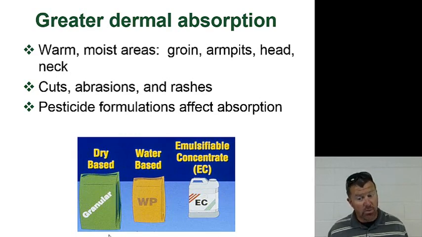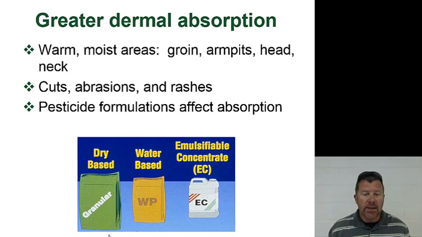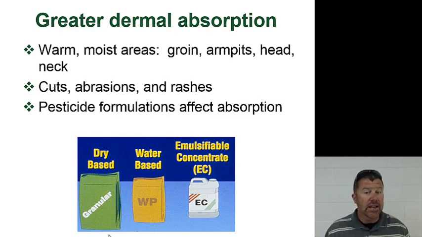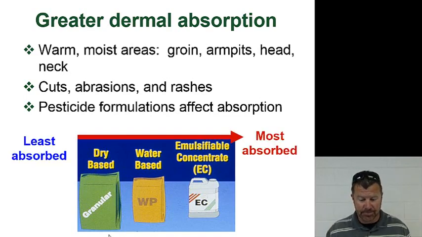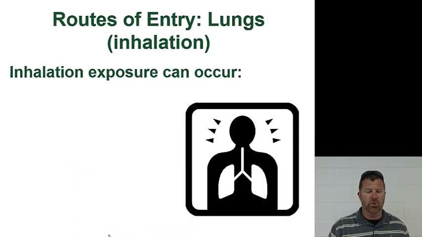Emulsifiable concentrate, whew, they're going to get you pretty good. And the reason is the emulsifiable concentrate's active ingredient is dissolved in an oil base or petroleum solvent, which is readily absorbed by our skin. So that pesticide's going through our skin and actually getting into our body a whole lot quicker. So we're going from least absorbed to most absorbed.